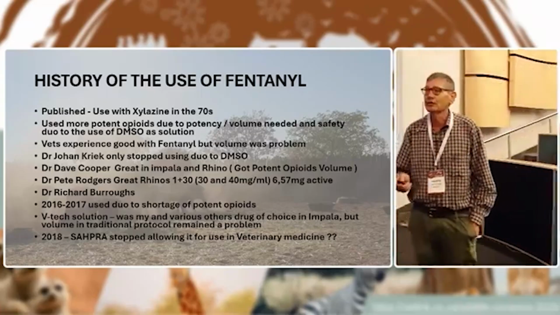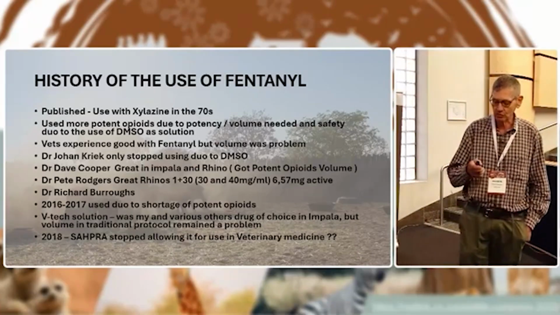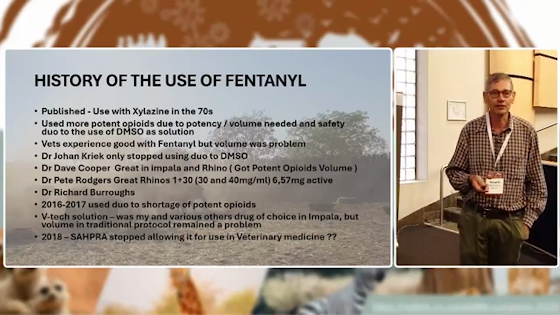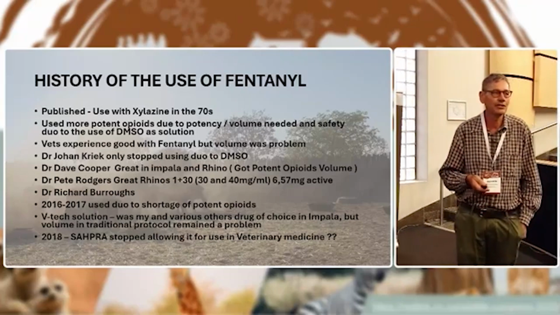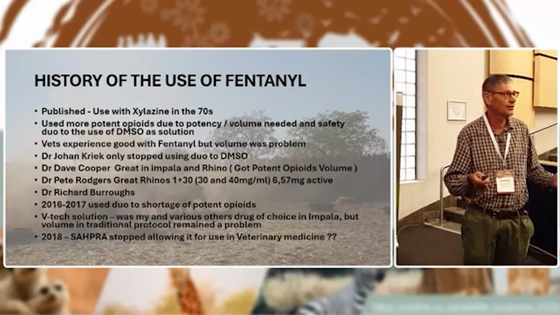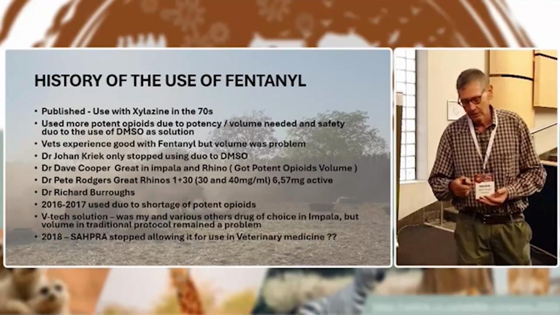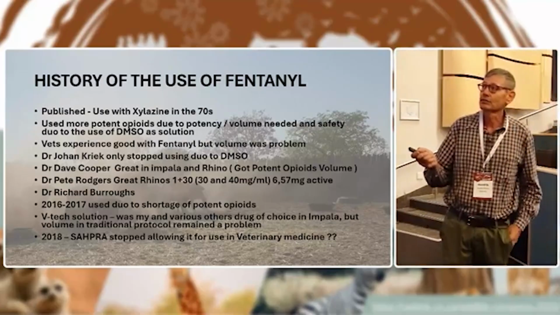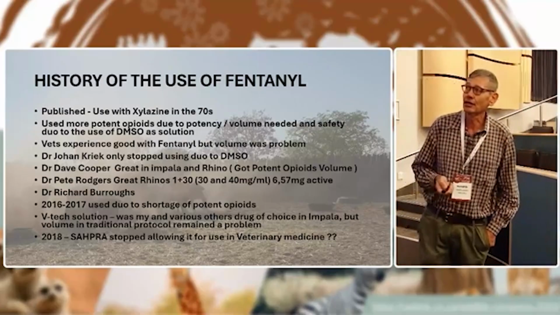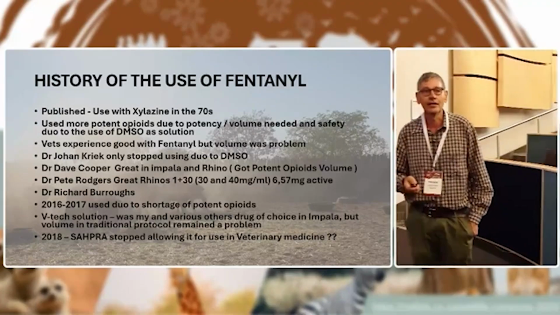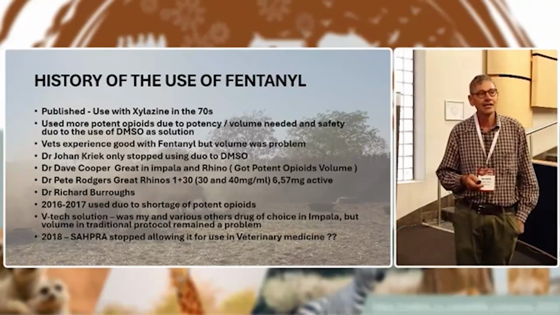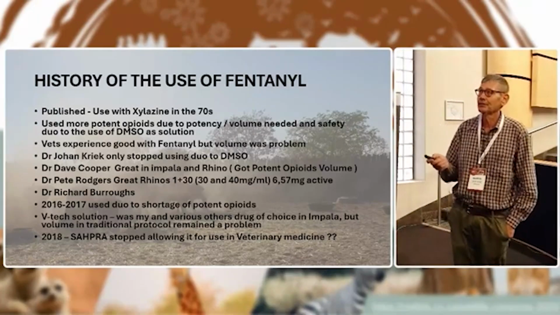The question to all of these people was, why did you stop using fentanyl? Everybody said, I was so happy with fentanyl, but there were two problems. The first problem was that it was just too unsafe for the operator.